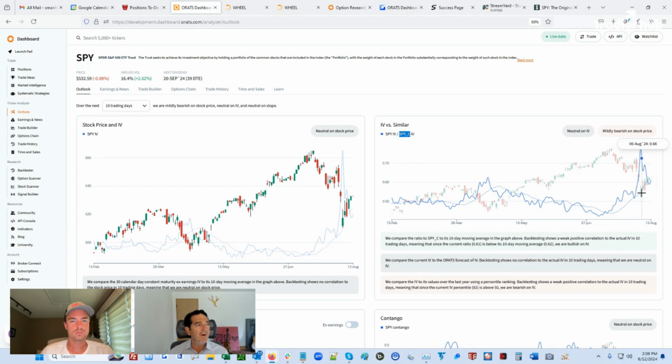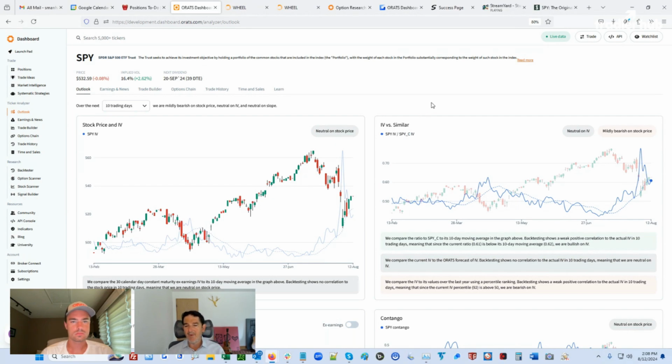People talk about correlation, but this is really just the implied volatility versus the components. But this is one of the most important ones, and this is why we feature it in the Outlook tab for every stock, Tyler, for the most appropriate underlier.